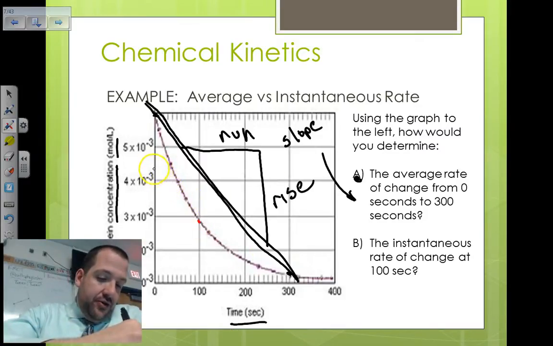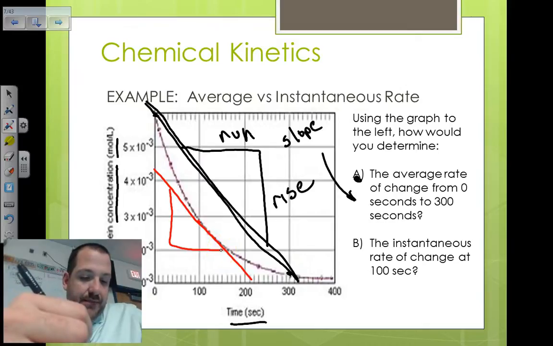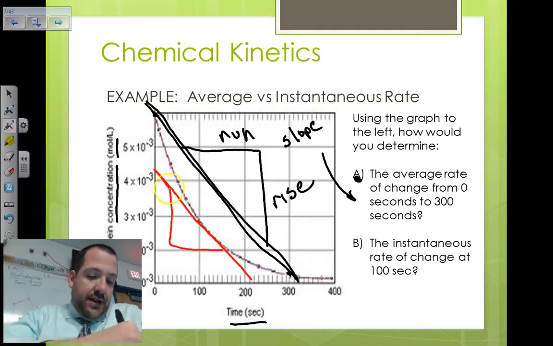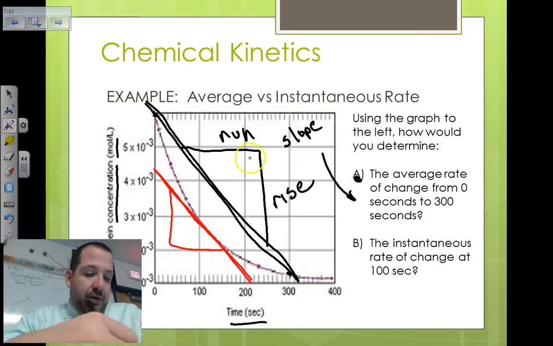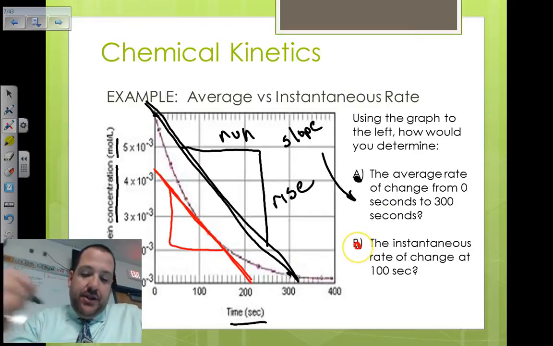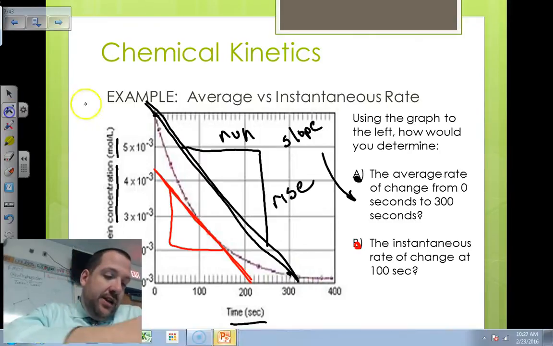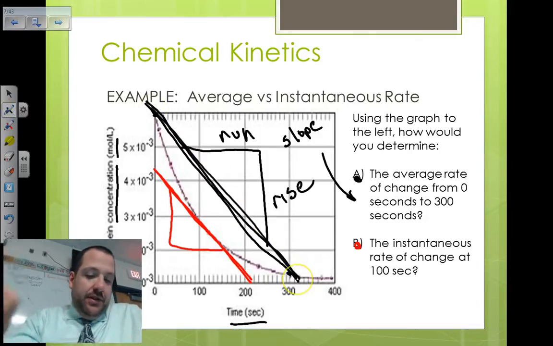So now I'm going to draw a tangent line there and then find the slope of that tangent line. Those two values are going to differ because of how we figured them out. The instantaneous rate of change is in the red here. The average rate of change is black over the whole distance.